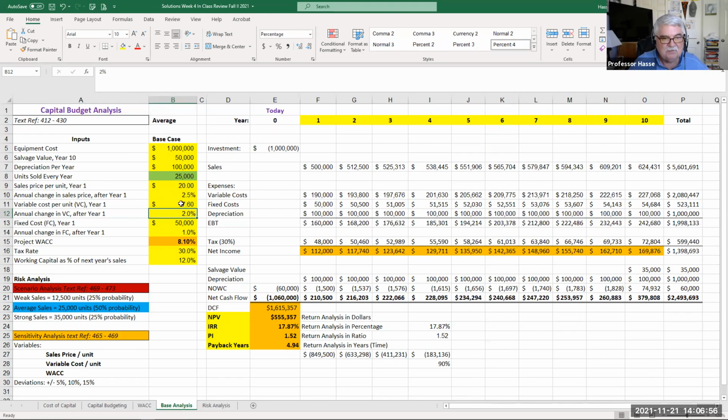Now we increase our variable cost by 5%, 1.05. That's 454,242. Now we're making less money because our costs are increasing.